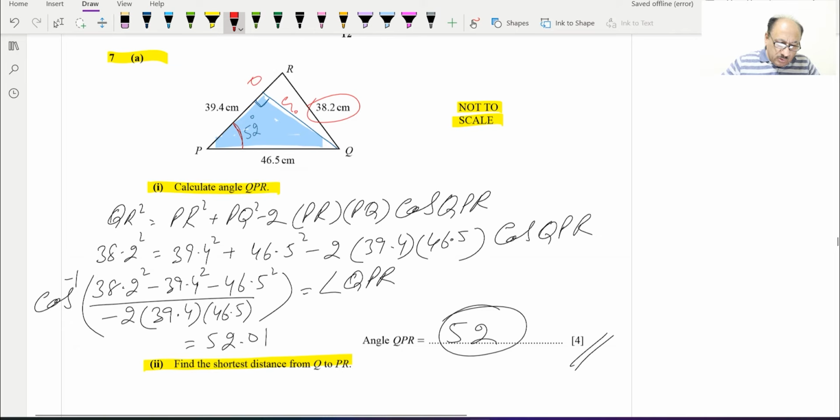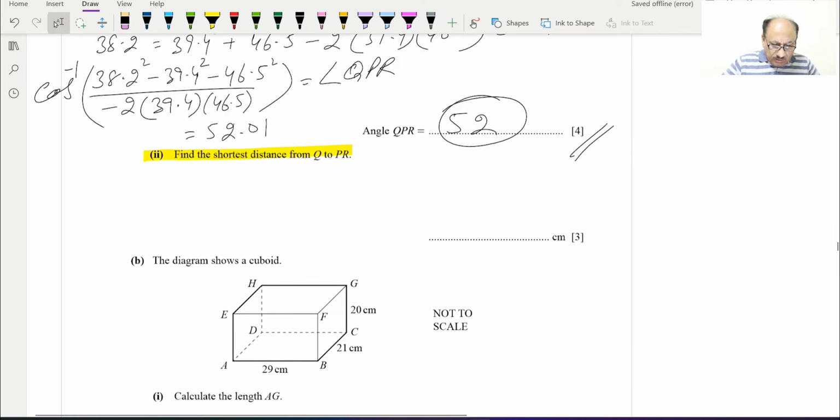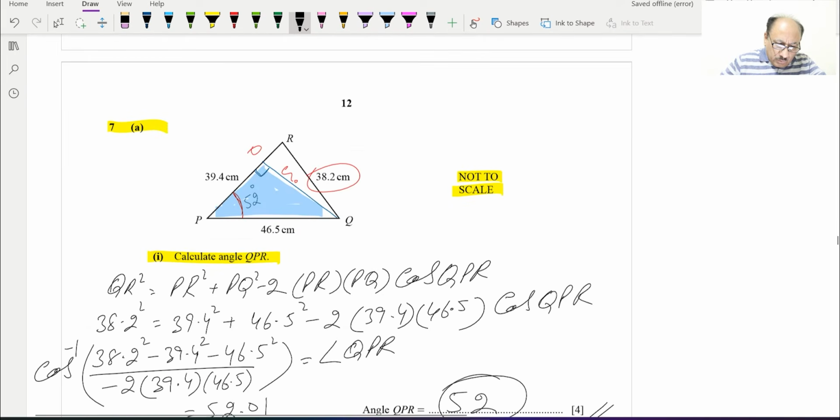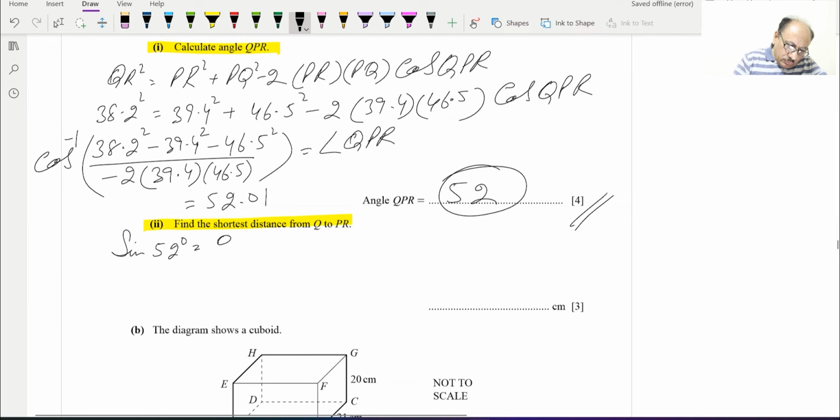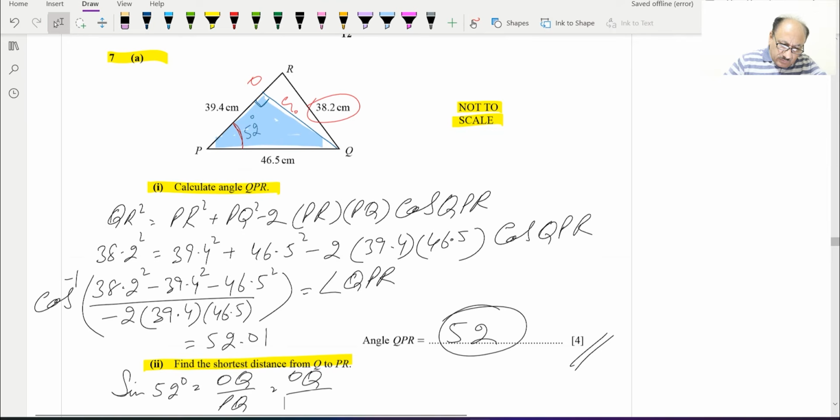OQ over PQ will be equal to sine of 52. So we can write here sine of 52 degrees is equal to OQ over PQ, and PQ length is 46.5.